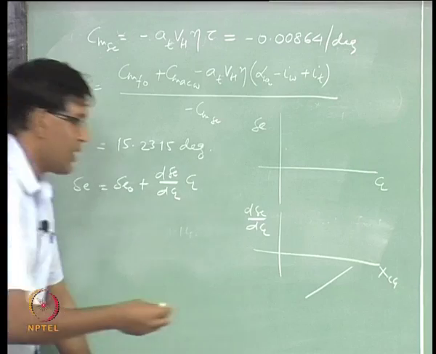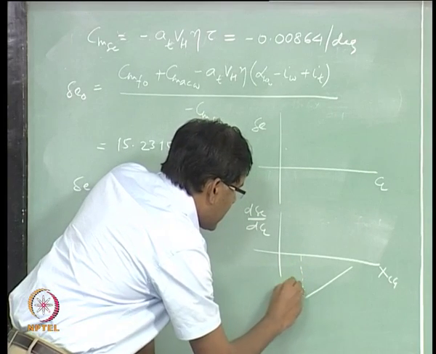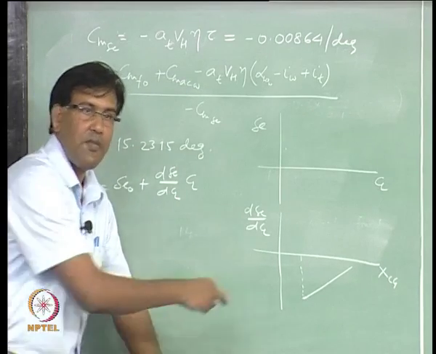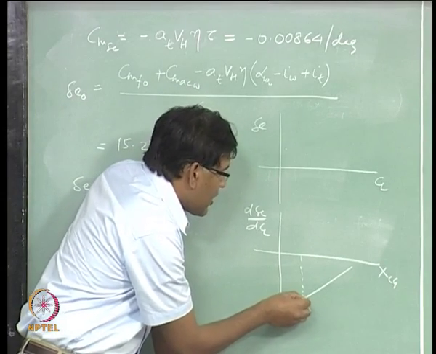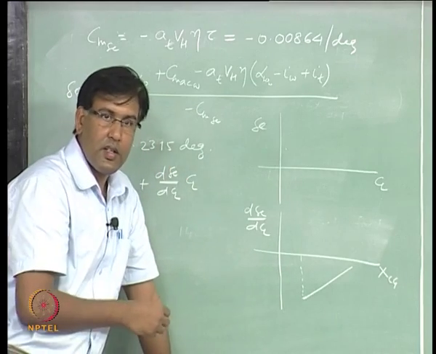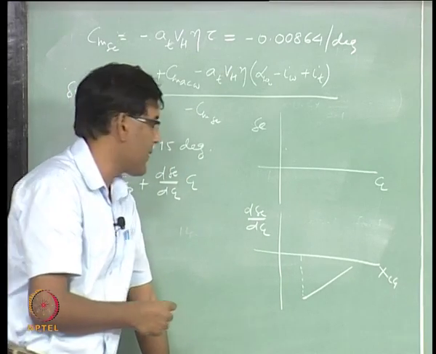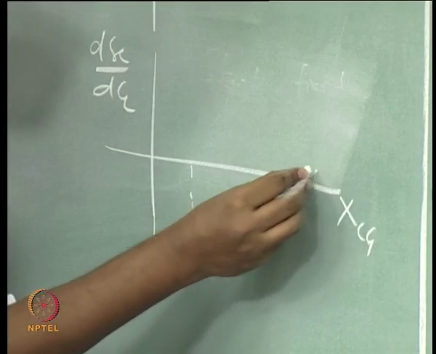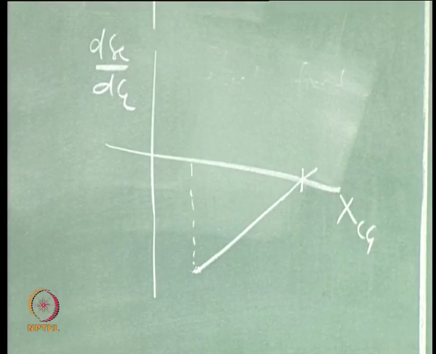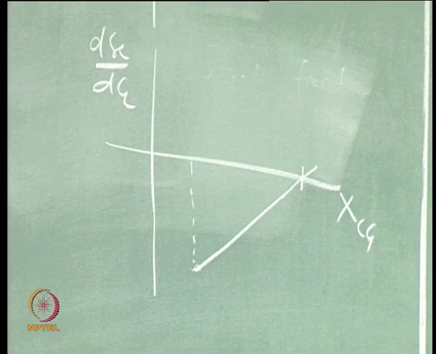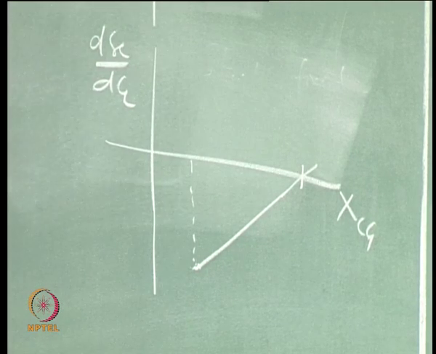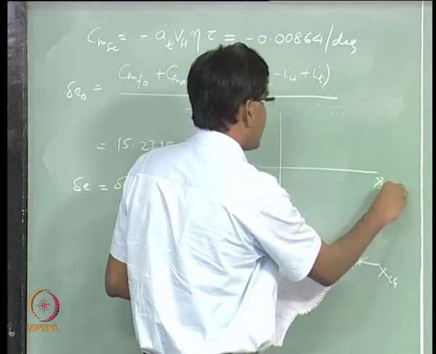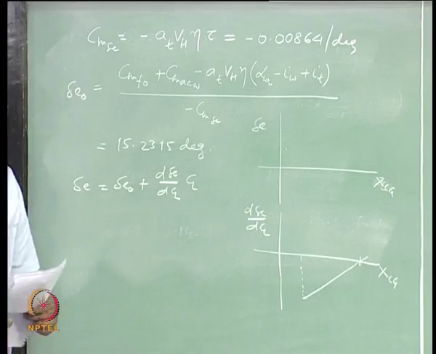Now clearly the most forward location of the CG is somewhere here, which is going to depend upon what delta E is, and then we joined this and found the neutral point. A similar plot of delta E versus x CG can also be drawn.